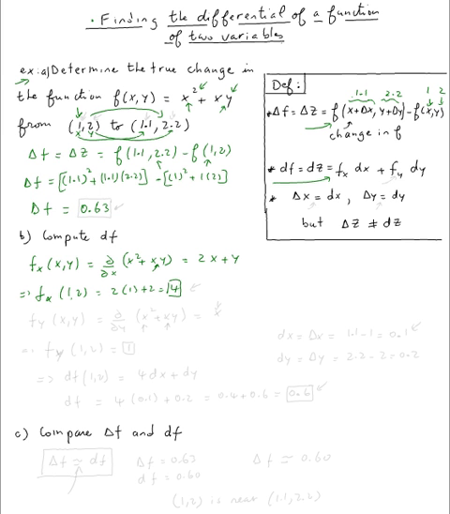Now I need to find the partial derivative with respect to y. So again, partial with respect to y of any (x,y) will be equal to partial with respect to y of x squared plus xy. Now partial with respect to y of x squared is 0 because x squared is a constant. And then since x is a constant, this will be just x.